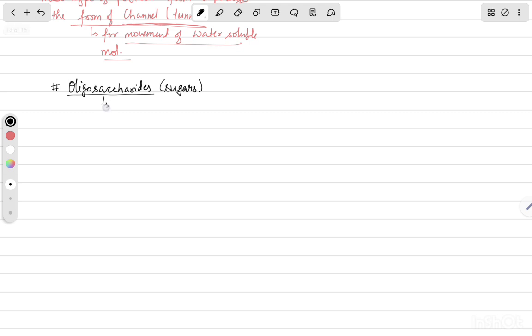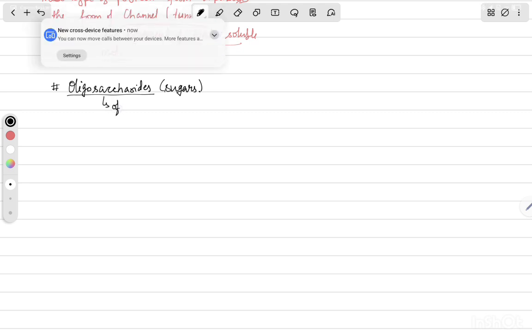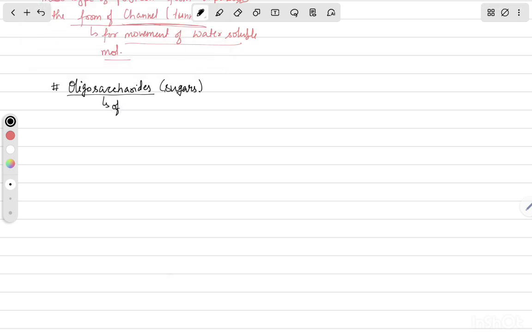These oligosaccharides are of glycoproteins or glycolipids. Now, what are glycoproteins or glycolipids? Glyco means carbohydrate component and protein means protein. When carbohydrate is attached to the protein group, then it is glycoprotein, and if it is attached to lipid group, then it is glycolipid, right?